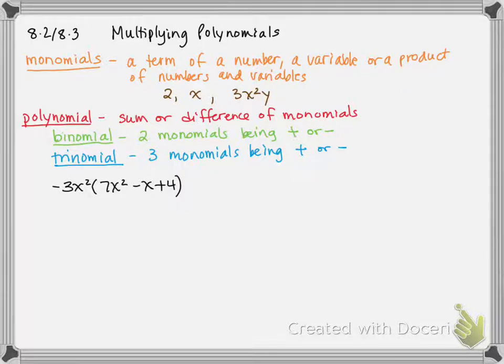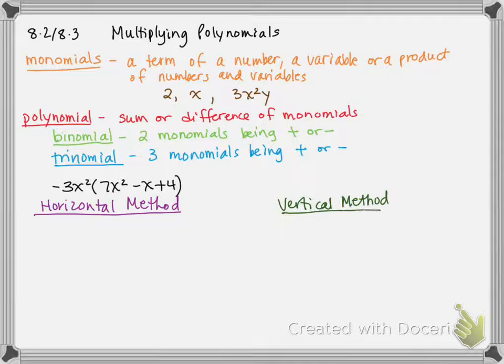So I'm going to show you the horizontal method first, and then the other one I want to show you is the vertical method. And then once we get into a polynomial times a polynomial, then I'm going to introduce yet another method.